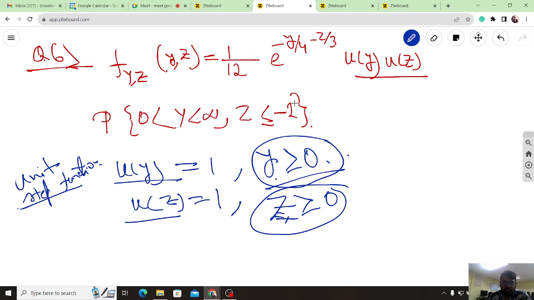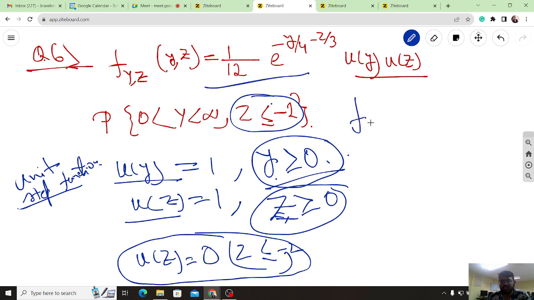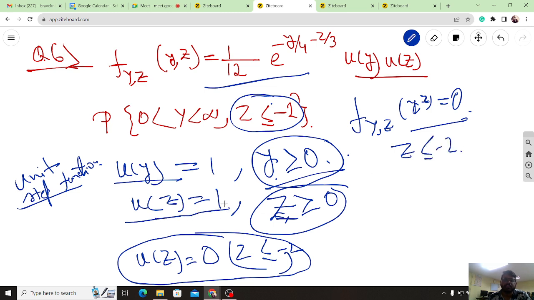So the domain says z is less than -2. So what will be the value of u of z at z less than or equal to -2? This will be 0. So following this, the probability density function will be 0 for the region z less than -2, because u of z, the unit step function, is only valid for z greater than or equal to 0.